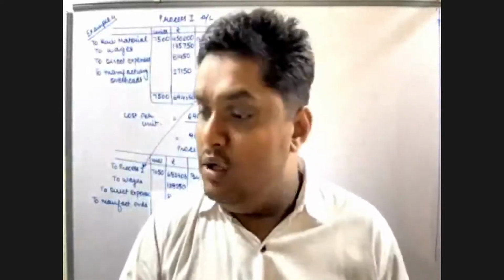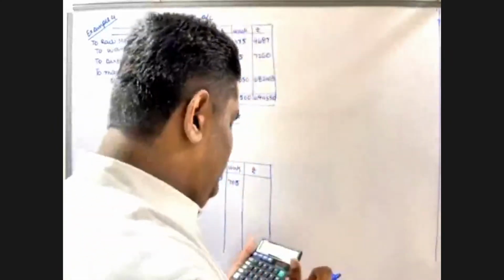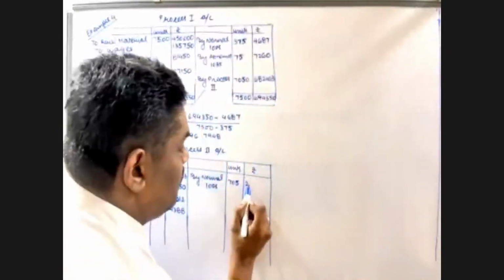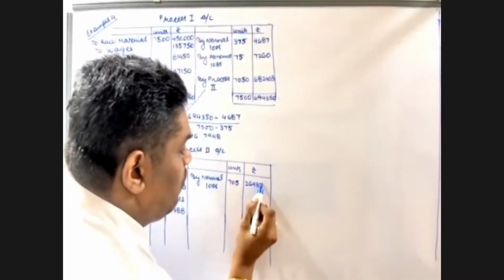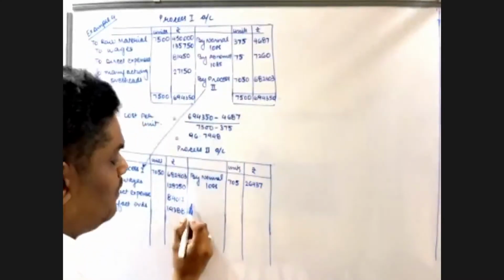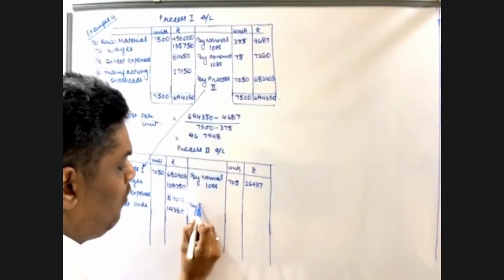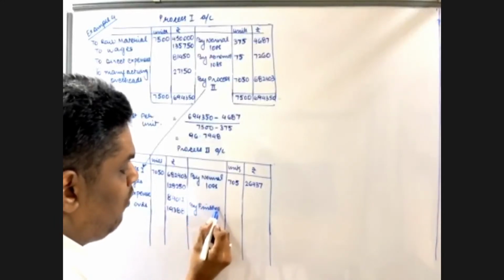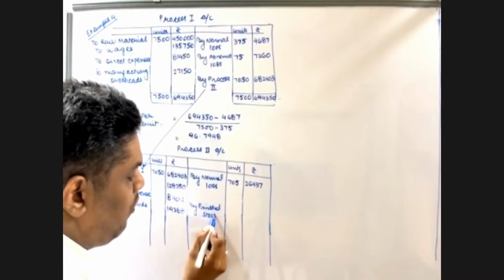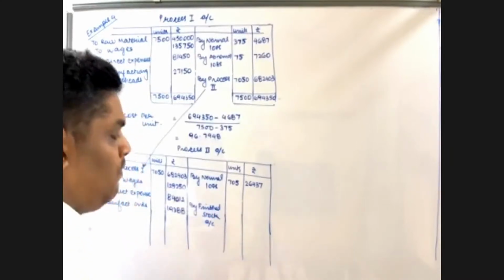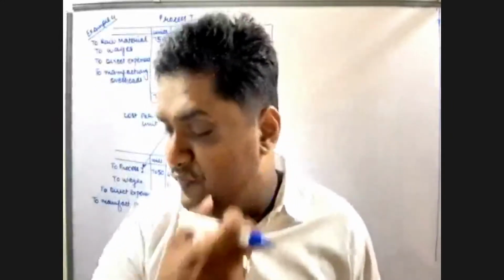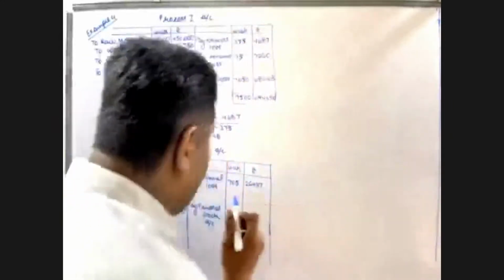The scrap value realized on sale of normal loss is 37.5, so multiplied by 37.5 gives 26437. Further, the units transferred to finished stock are 6525.